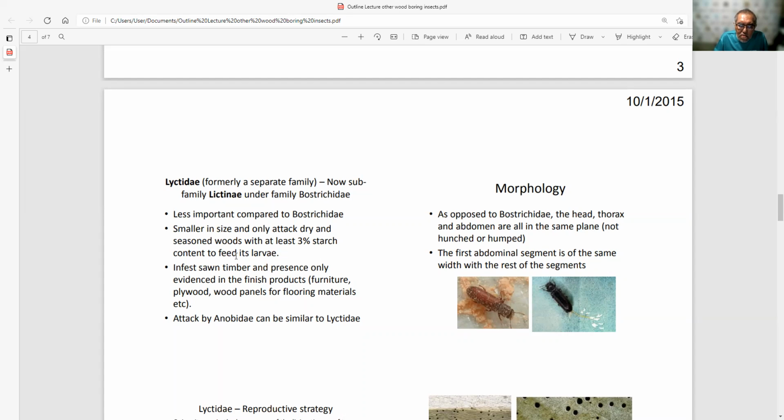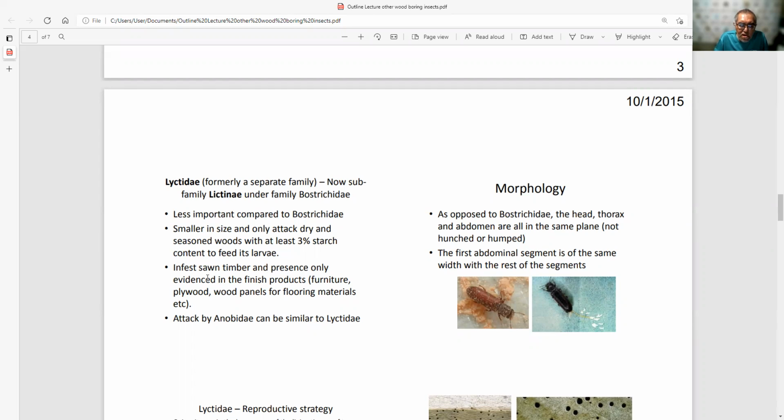If it is highly preserved, there's no starch left, so it won't be able to sustain any larvae, but if there's at least 3% starch, that is enough to sustain and support the life of larvae in the seasoned wood.